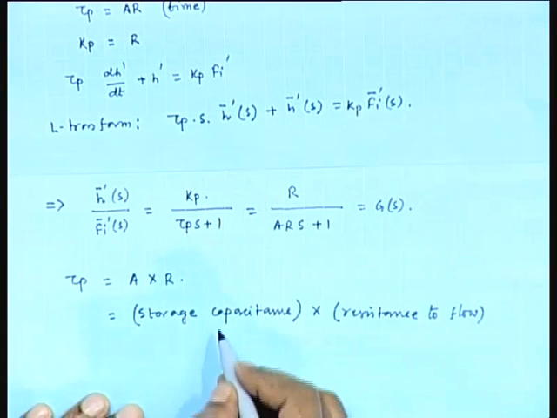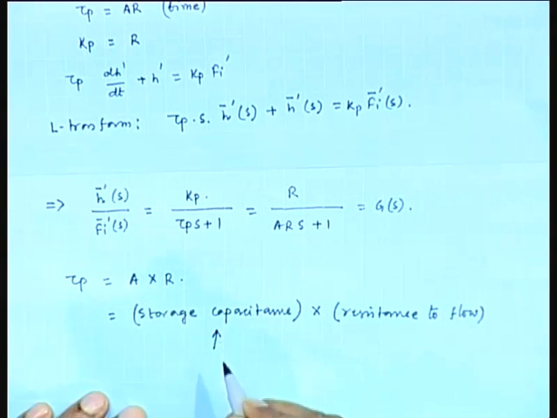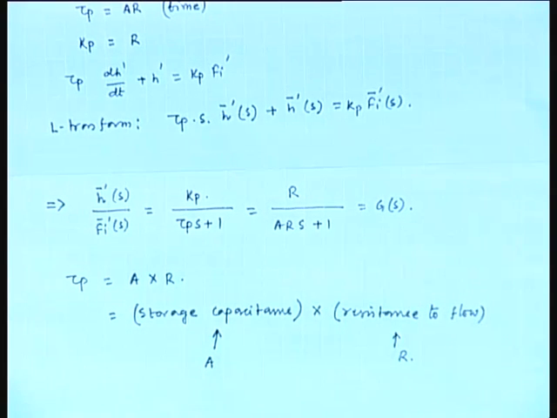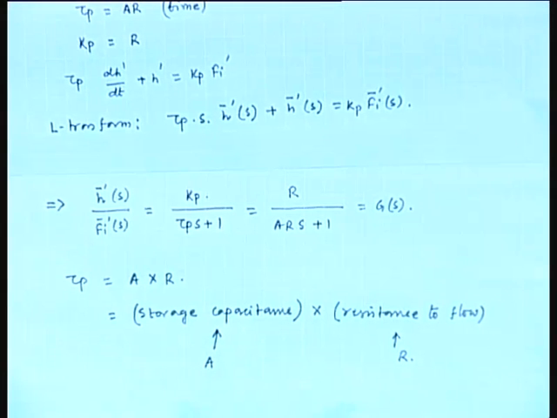Now, the capacity to store mass is measured by the value of area A, and this is obviously resistance R. Similarly, if we consider one example which includes only the energy balance equation, in that case this storage capacitance is basically the capacity to store energy.